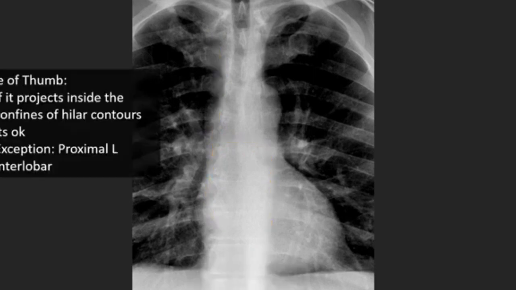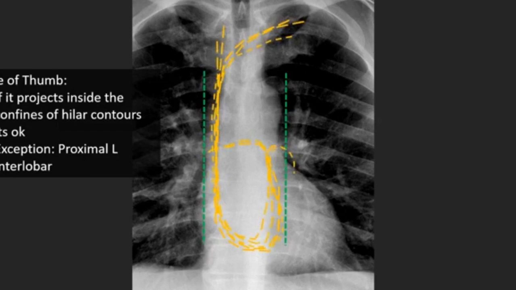The rule of thumb, if you want to check the tip placement, is that it should be within the hilar contours, and so you could see those lines, and they're different for each Swan-Ganz catheter. The only exception is on your left interlobar placement, where it crosses the hilar contours.